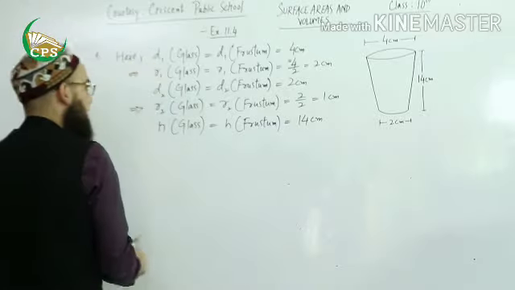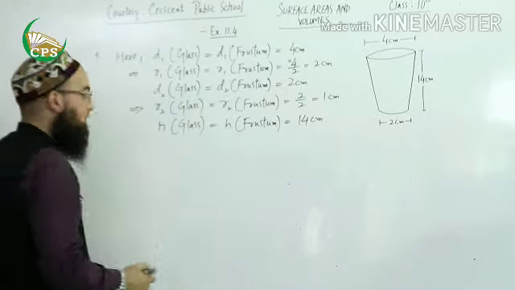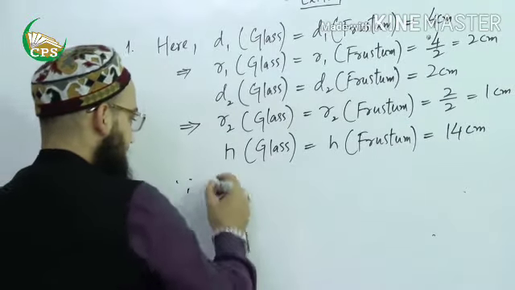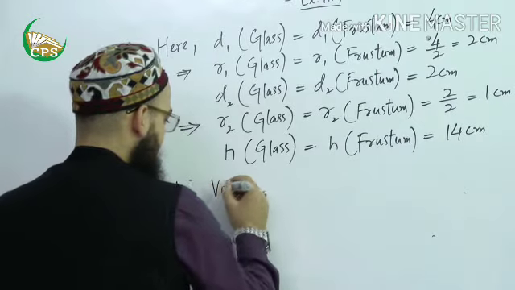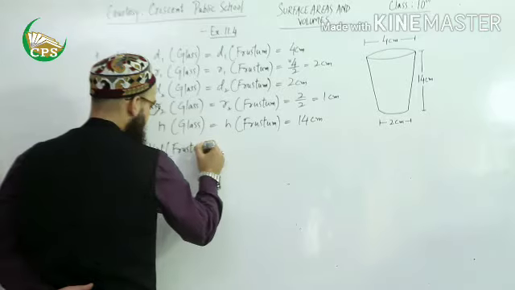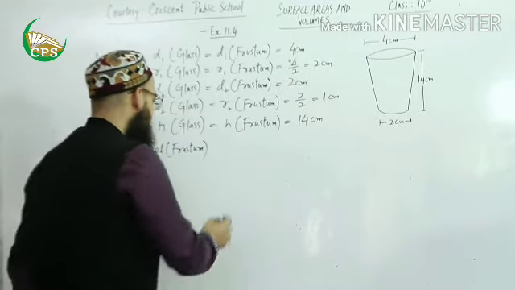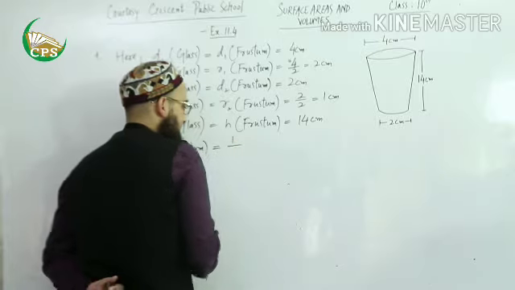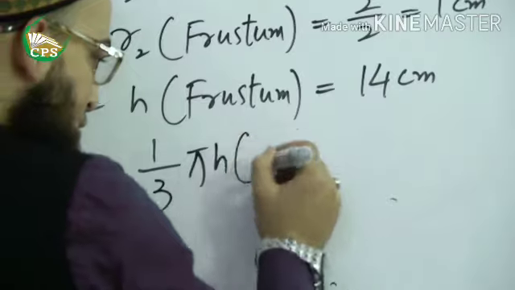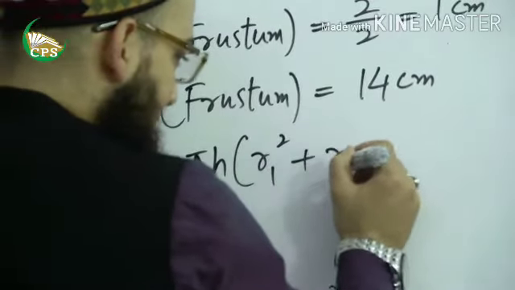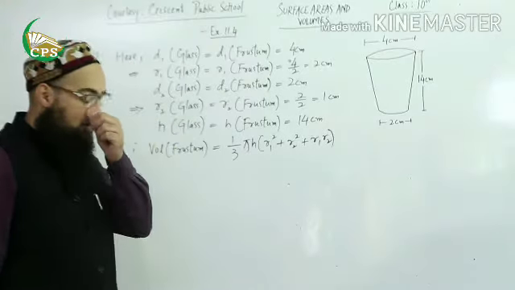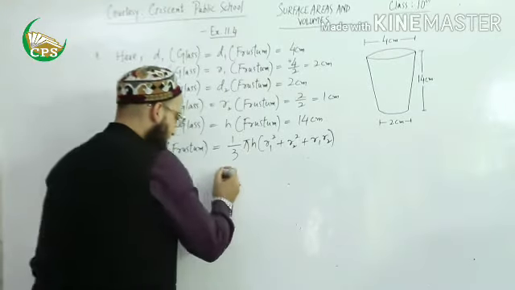Now we need to find the capacity. So we know the formula for finding out the capacity or the volume of a frustum. Since volume of frustum, we know the formula by the formula table. It's 1 by 3 pi h times R1 square plus R2 square plus R1 R2. That's the formula for finding out the volume of a frustum.